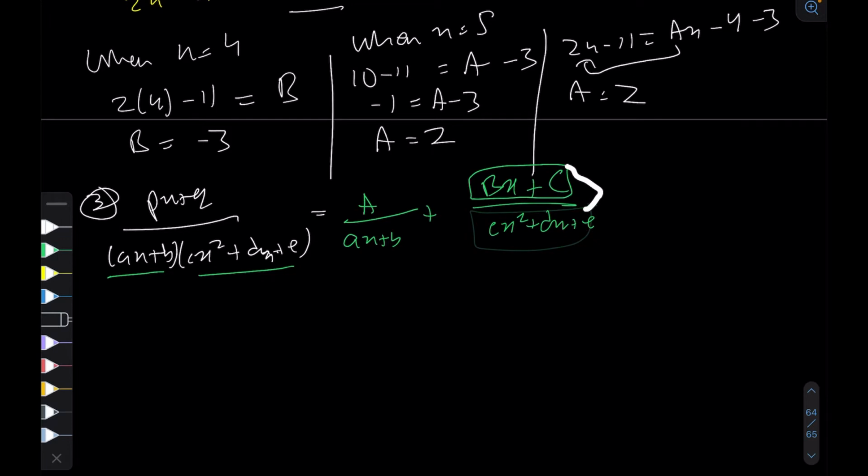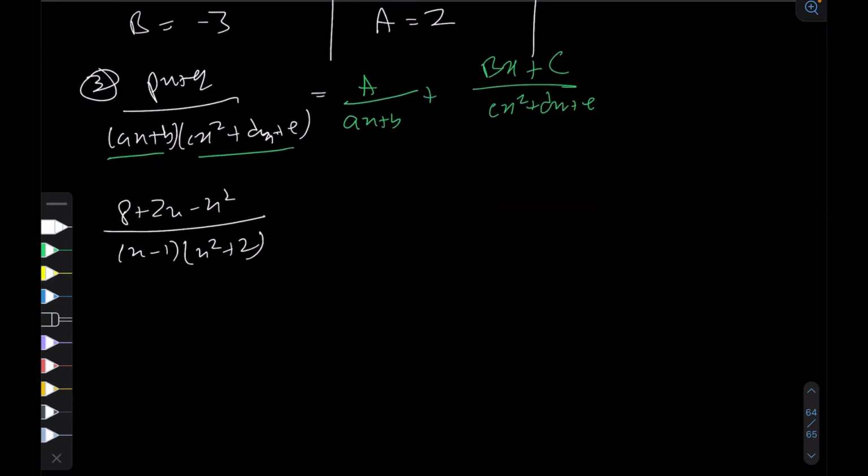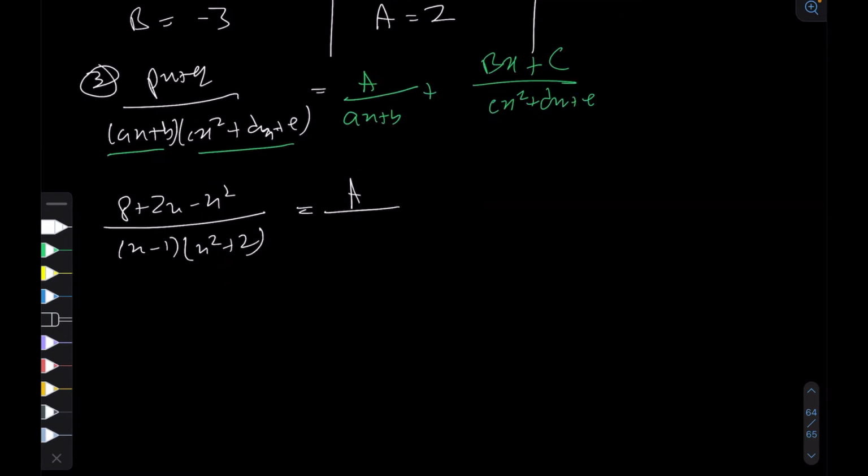Let's try an example from the book, that is 8 plus 2x minus x squared divided by x minus 1 times x squared plus 2. We know that this should equal some number over x minus 1 plus some linear combination bx plus c divided by x squared plus 2, that quadratic.